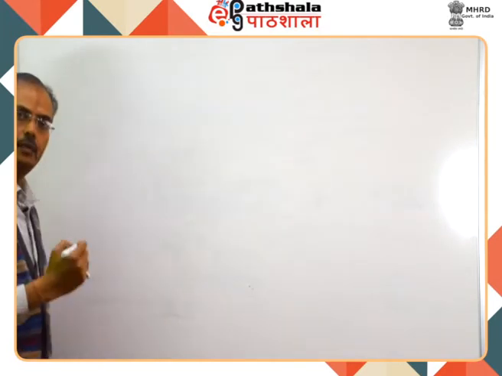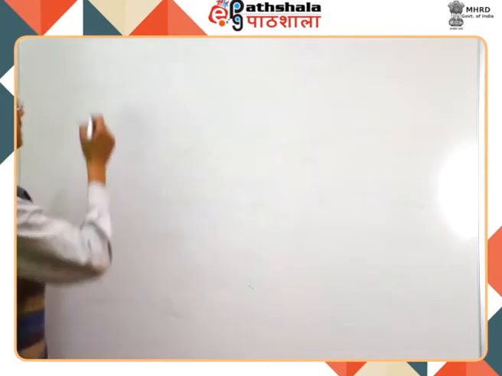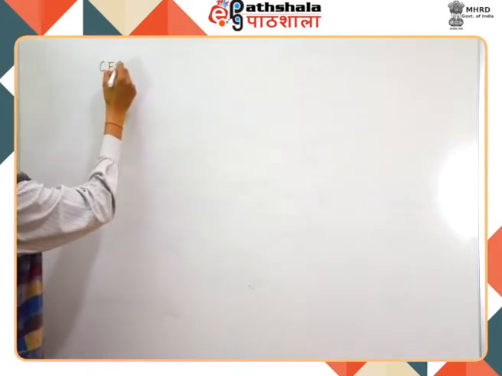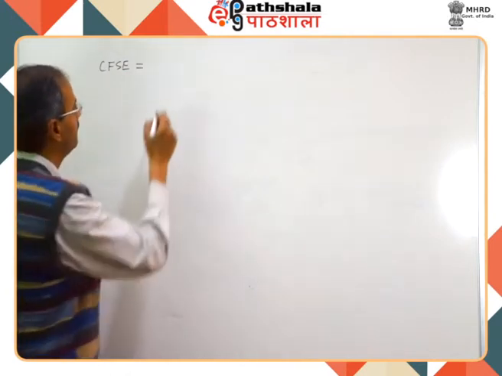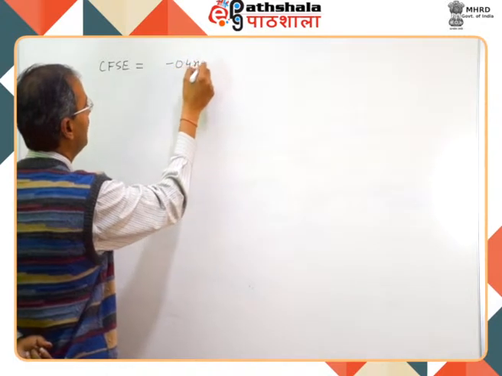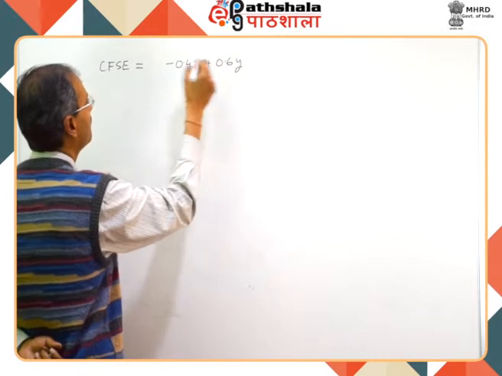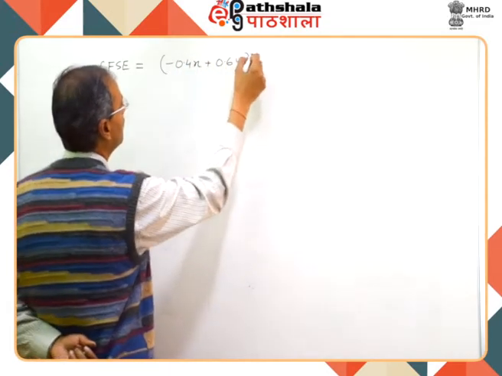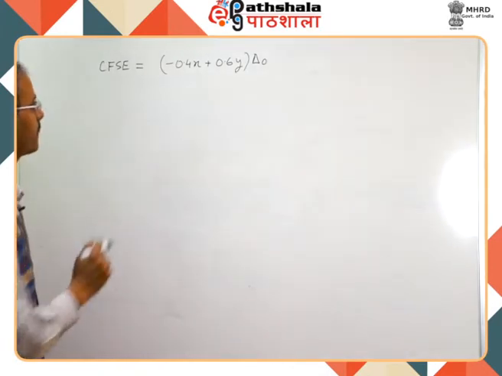So now we will try to calculate the actual number for the CFSE. Remember, I told you that CFSE can be calculated as minus 0.4 x plus 0.6 y times the crystal field stabilization gap.